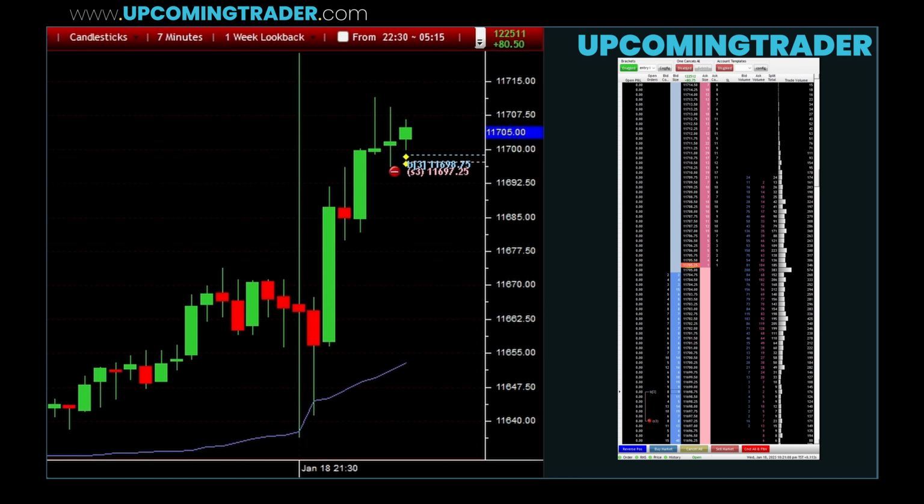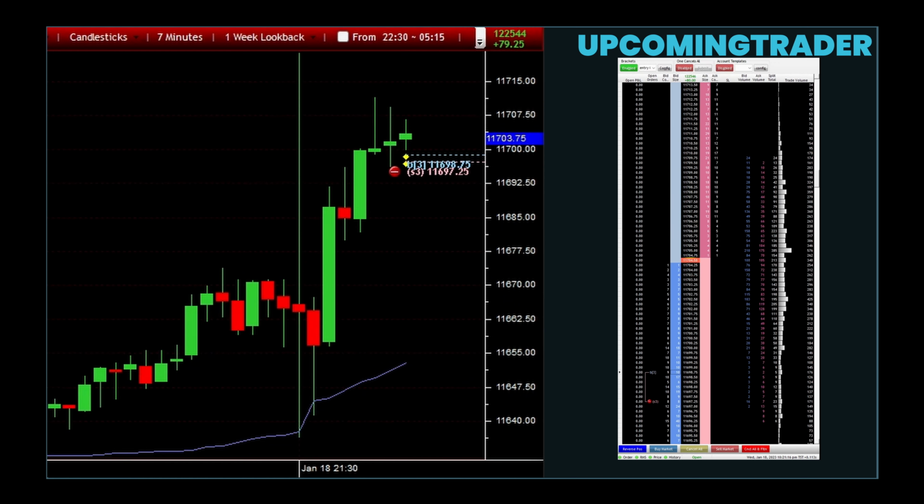The first one we will talk about is called on-balance volume. On-balance volume adds the trading volume on days when the price goes up and subtracts it on days when the price goes down. It is a cumulative tool, which means it builds on itself.